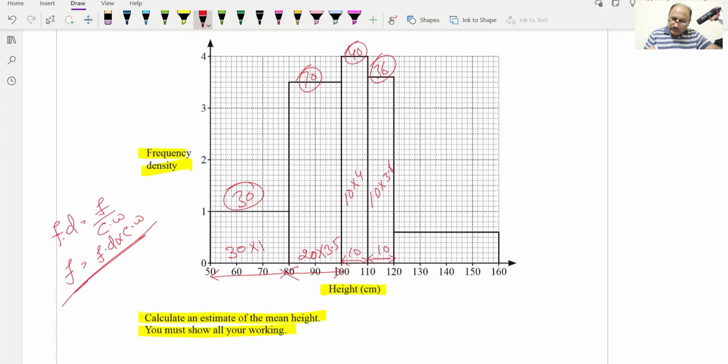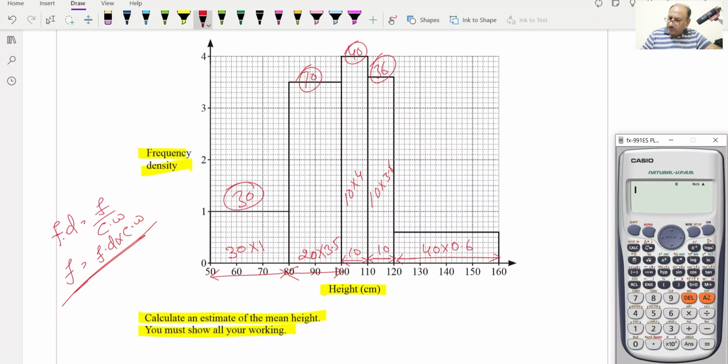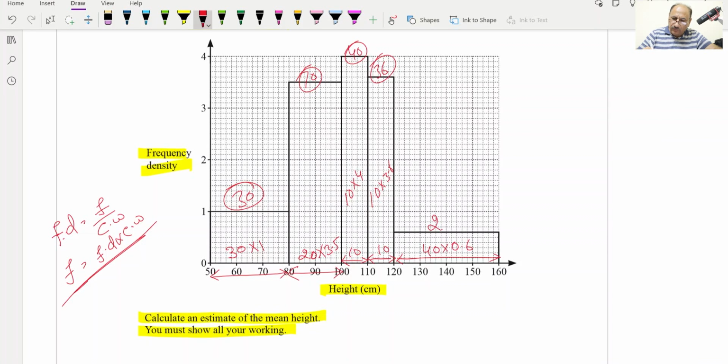And next, this width is 120 to 160, which is 40, so 40 multiplied by height 0.6 will be equal to 24, so this frequency is 24.